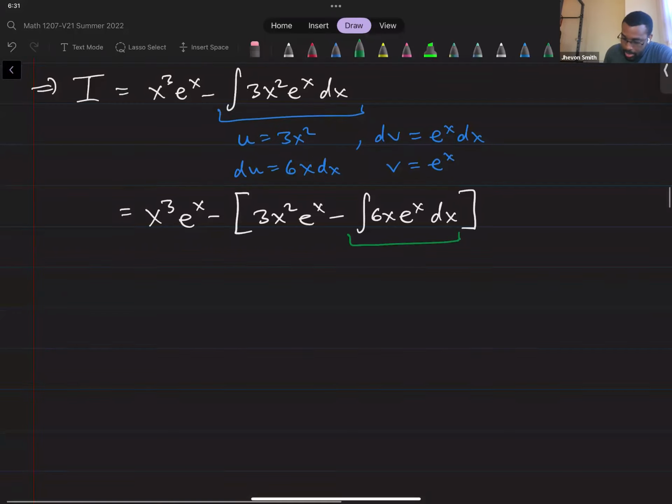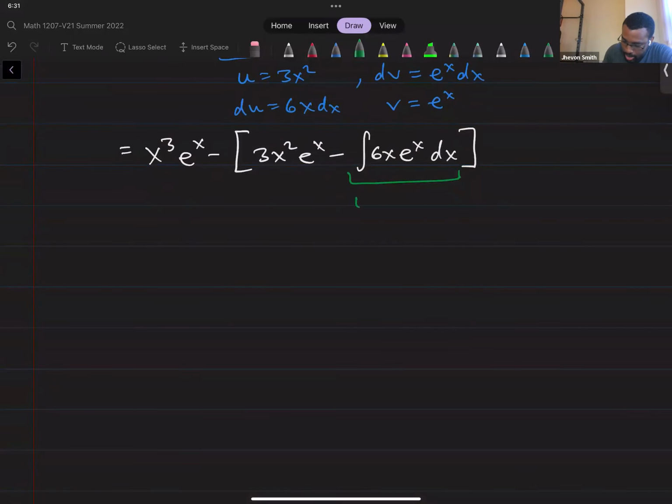So we're going to do the same thing. It's the same kind of guy. So, okay, u equals 6x. Hopefully this is the last time. du is going to be 6 dx. dv is going to be e to the x dx. v is going to be e to the x.